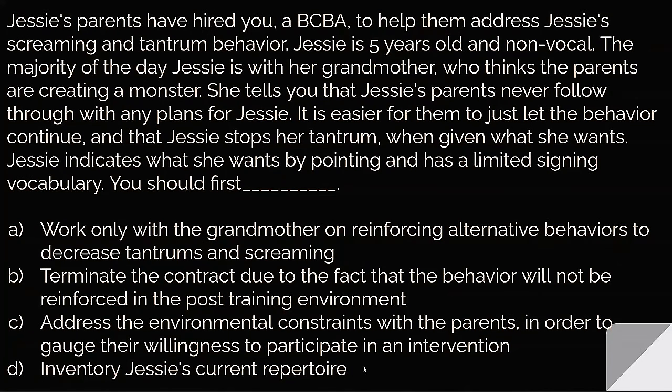I do love the relevance of behavior rule. Anyway, so it's not D. Even though that sounds like a good idea, it doesn't really answer the question. It doesn't go with the theme. So if you did say D, it's not a bad idea, and we should know that, but it doesn't quite get to the focus of the question.